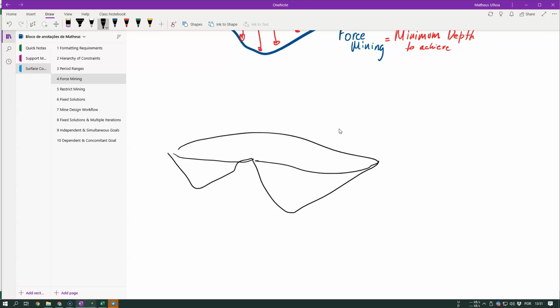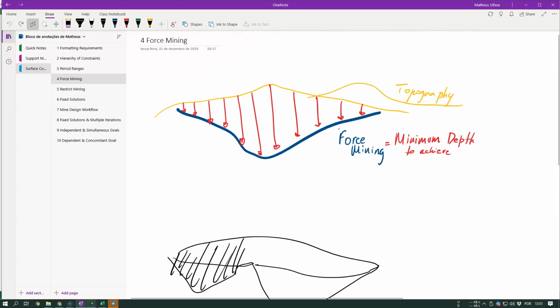And let's assume that I want to test, what if I deplete, or maybe I'm already seeing a tendency or trend of this material being mined in the first years, and I want to force it more so I could deplete all these small pits prior to moving to the big one. That could be a possibility.